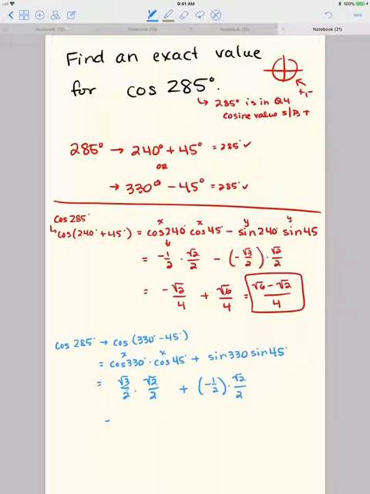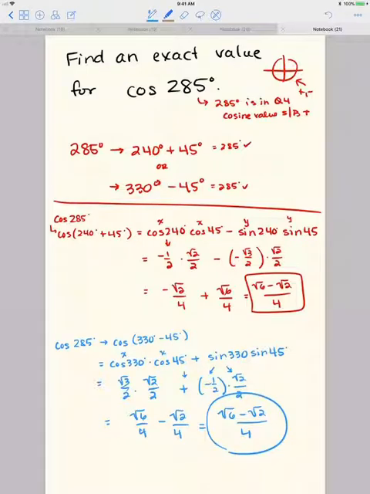So cleaning that up, we get square root of 6 over 2. And then I have a negative times a positive, and I'm adding. So the numerator is going to be a subtraction of the square root of 2 over 4. Should be over 4, not over 2. Sorry about that. 2 times 2 is certainly 4. And then subtracting across the numerator, we get square root of 6 minus the square root of 2 over 4.